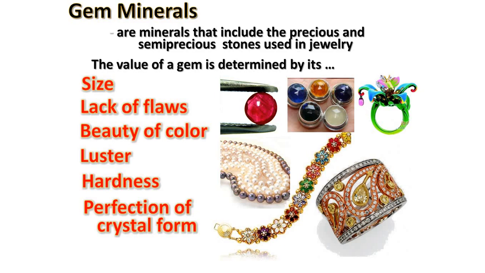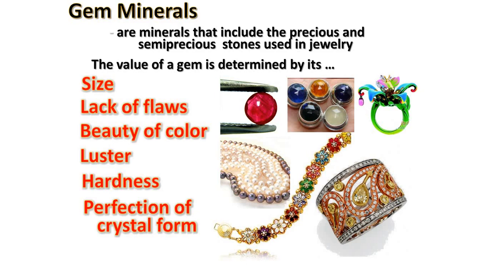Of course, you have the emerald, the opal, the ruby, and sapphire, which are varieties of the mineral corundum. Alexandrite, amethyst, and you have the chalcedony, citrine, and garnet. So these are examples of precious stones.